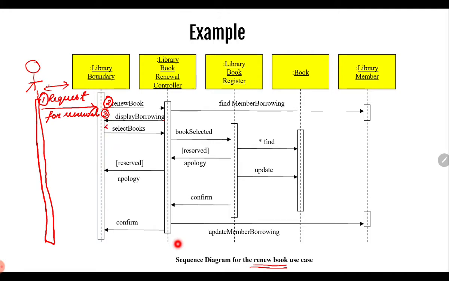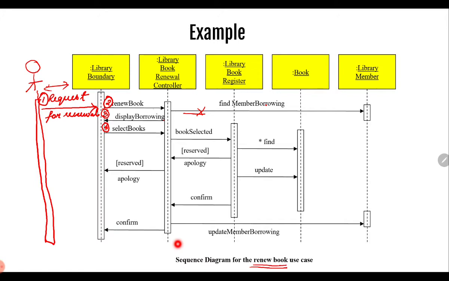Once the user gets the list of books borrowed by him, he can select the books which need to be renewed. In between there is another message, which is find member borrowing. We can include it or not depending on our design strategy. If the library book renewal controller itself has the database of all the users using the library, it does not need to send this message at all.